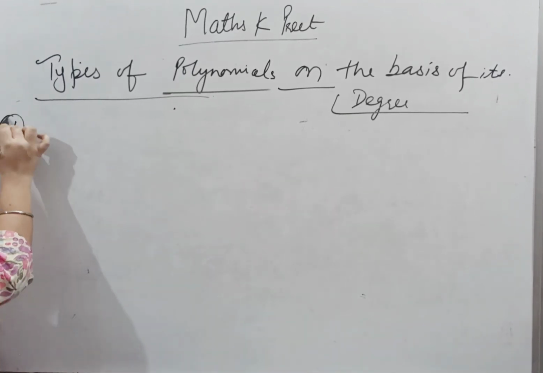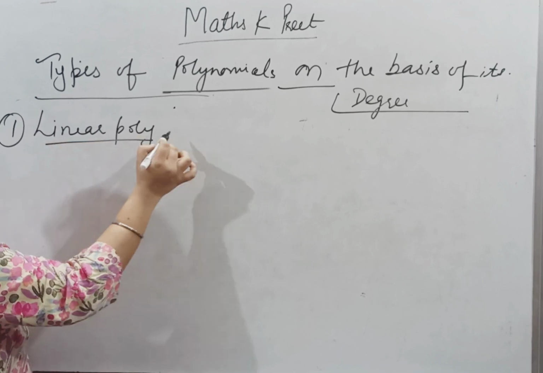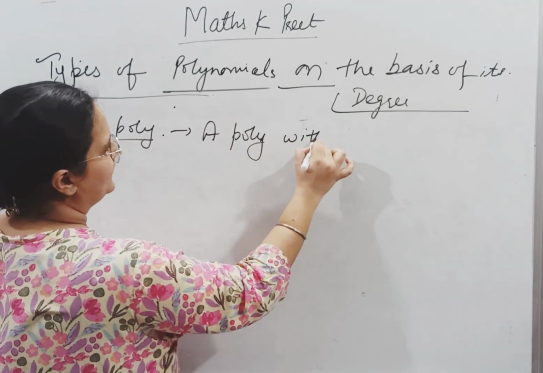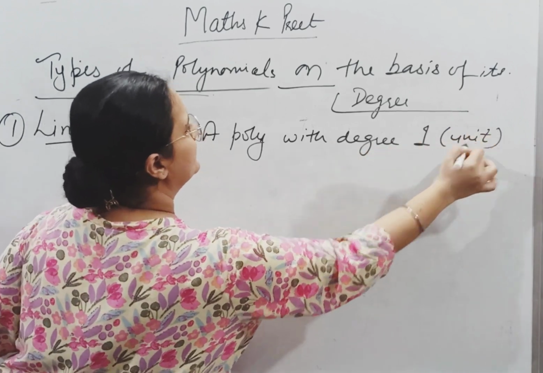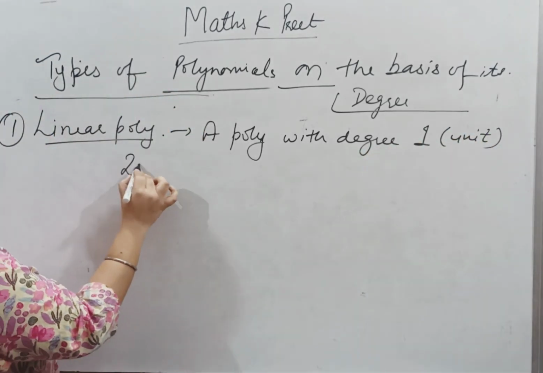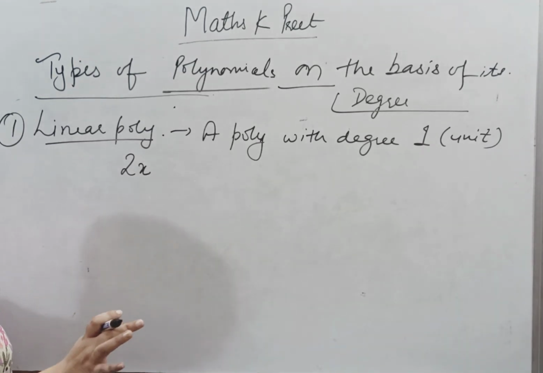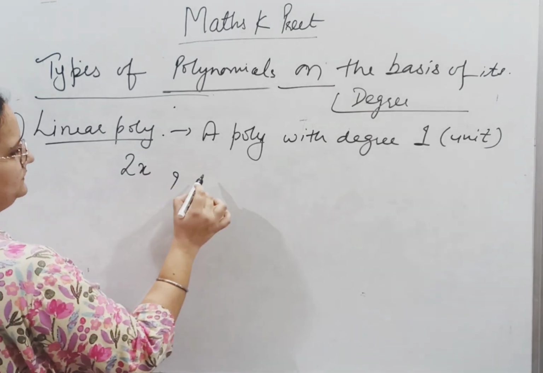Number 1 is linear polynomial. So a polynomial with degree 1, or unit degree. Examples are 2x. We have nothing to do with the number of terms, just the degree of the highest power must be 1.